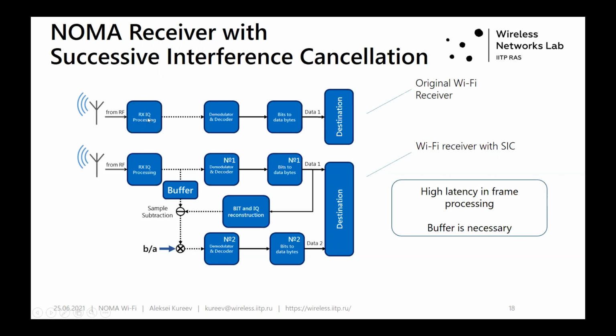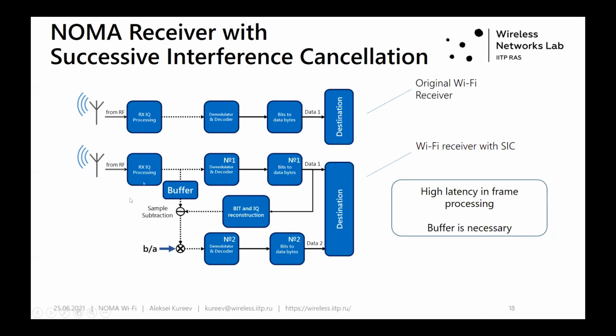For example, here you see the standard state-of-the-art processing chain for an original Wi-Fi receiver. We see an RX IQ processing block, which corresponds to IQ processing, signal equalization, fast Fourier transform, and so on. We have the demodulation, and we have a conversion of bits to bytes, and then further processing on the MAC layer and so on.